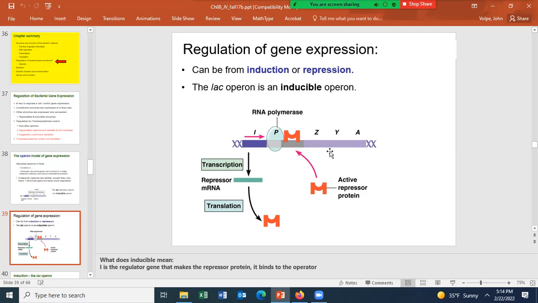And that is normally why the lactase gene is turned off in bacteria such as E. coli. Now, why would E. coli normally want to shut down the lactase gene? That's the Z gene. Anybody have a guess? Well, how often would E. coli see the sugar lactose?